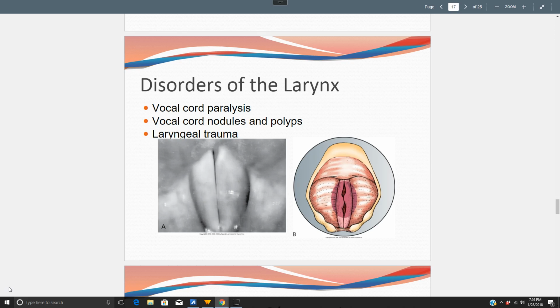This is where we might need to re-intubate if that's the cause of it, or intubate for the first time, or maybe do a tracheotomy. We want to make sure that airway is patent, so we place the patient in a high Fowler's position to help them with their breathing and to keep that airway in proper alignment.